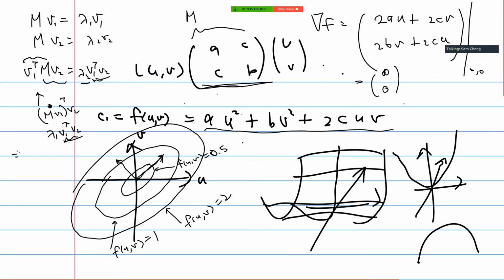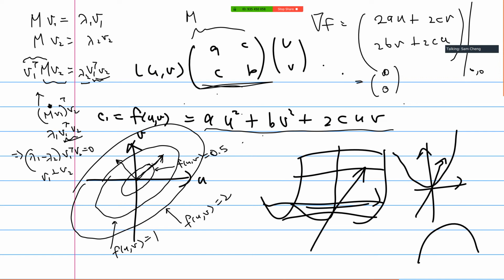Or maybe I just write it down. So (lambda 1 minus lambda 2) times v1 transpose v2 is equal to 0. Therefore, if the eigenvalues are not the same, I have v1 perpendicular to v2. And actually, I claim these two are v1 and v2.